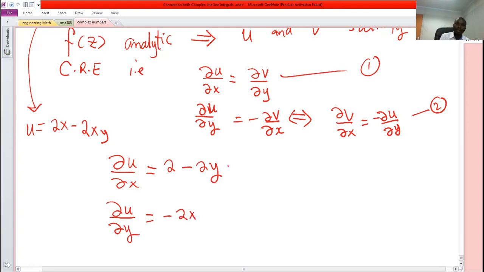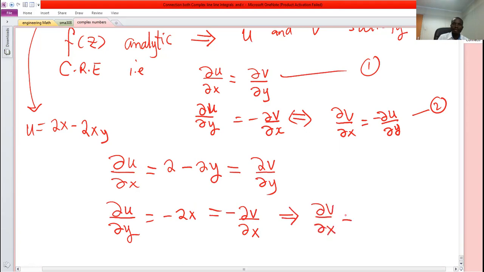So equivalently, this is the same as partial v partial y, and this is the same as minus partial v partial x. So partial u partial y is the same as minus partial v partial x. So it tells us that partial v partial x itself will be simply, divided through by negative, 2x. So call this one equation 3, call this one equation 4.